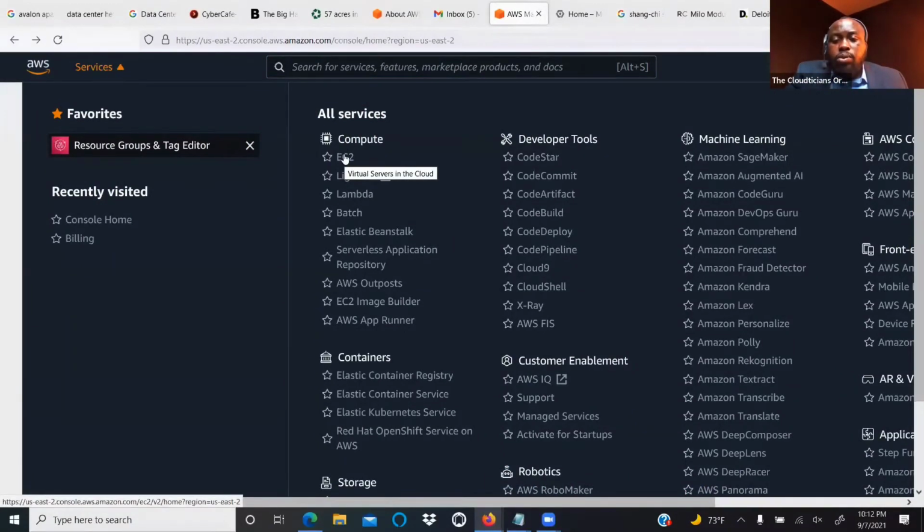Everything under compute is just the subcategories. A category is just showing the umbrella service, or the umbrella product, that the website is offering.